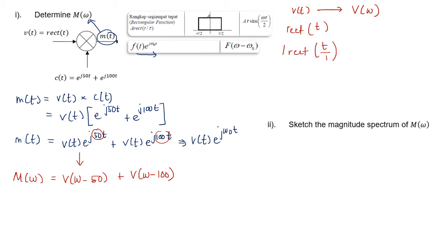The tau is 1. So this one will produce A tau, your A is 1, the tau is 1, sinc function of omega tau over 2. So your V(omega) equals sinc of omega over 2.